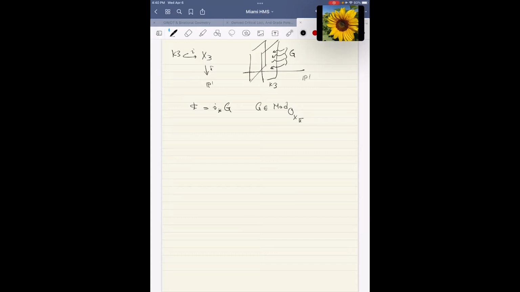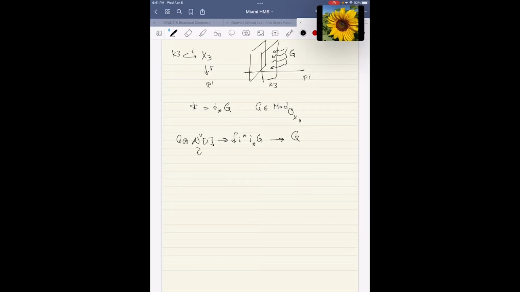Now, in order to study this problem better, one trick that I really like is to pull back the sheaf. So the sheaves are pushed forward of G's, and you can pull them back, but pulling them back means you can tensor them with the structure sheaf of the fibers. That's not necessarily just the usual tensor product, but it will be a derived tensor product. So if you pull them back, you will get back the original sheaf G, and then you will get some piece that remembers how the fiber sits in the ambient Calabi-Yau threefold.